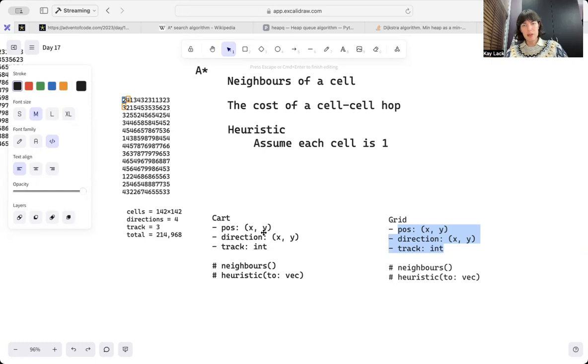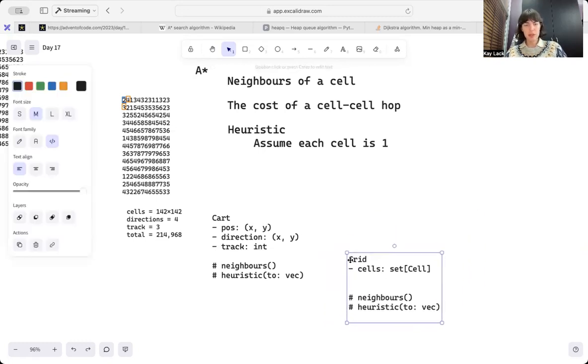Which I think I'm going to have, just because it's my favorite approach, a set of cells, which the cells are going to be a pos vector, what is it?